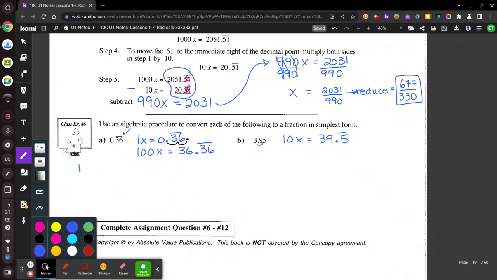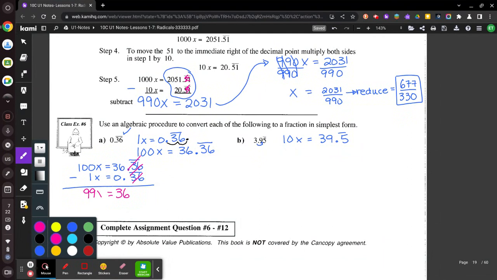So over here, I'll reset it up. We get 100x equals 36.36 repeating, subtracting 1x, which is equal to 0.36 repeating. So now when we subtract them, the repeating digits will cancel out. 36 subtract 0 is 36. 100 subtract 1 is 99.